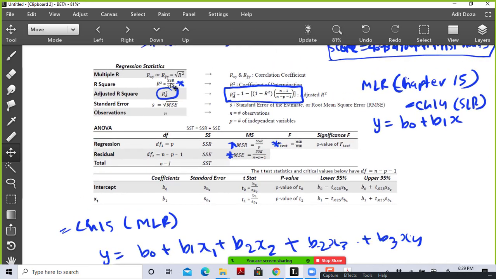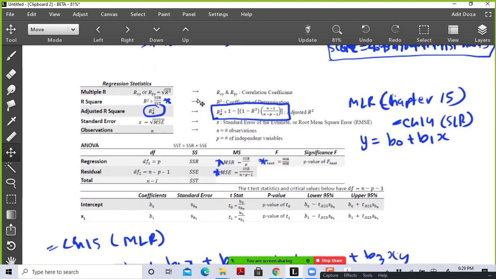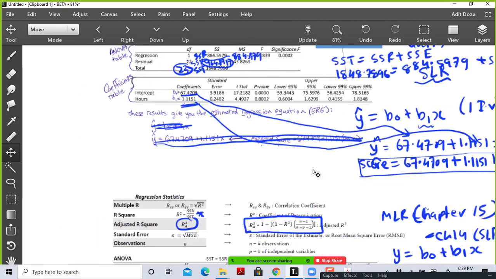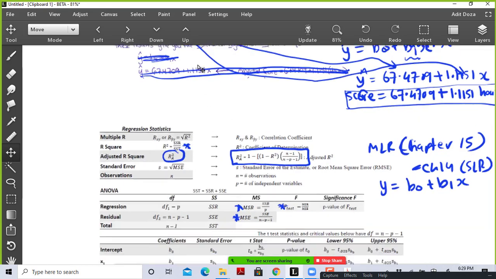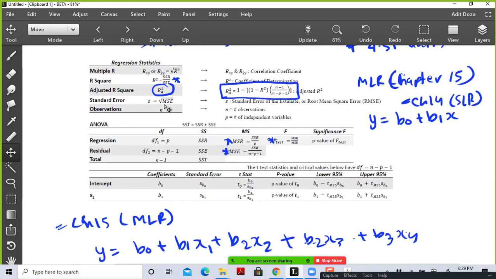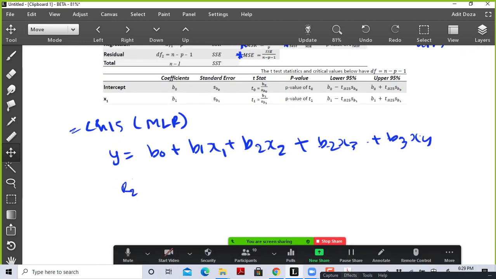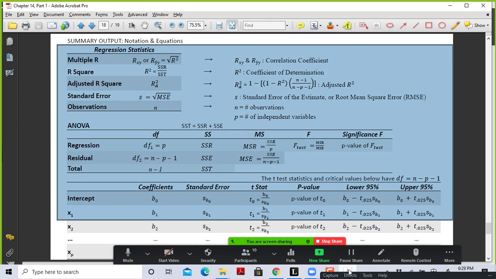Not necessarily. Okay. So I will come to that when I am explaining chapter 15. Basically you need to know these formulas for chapter 14, and they will be useful for chapter 15 as well. Okay, let's go to the chapters.